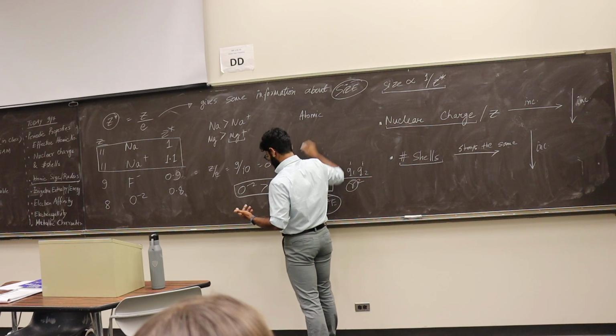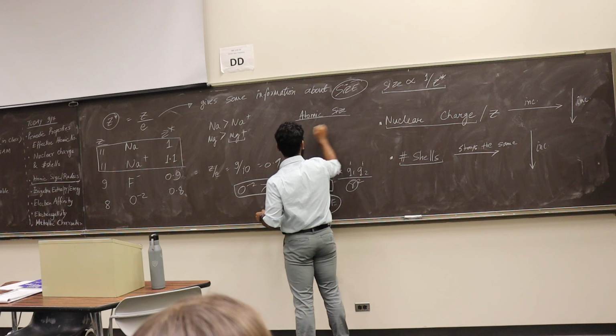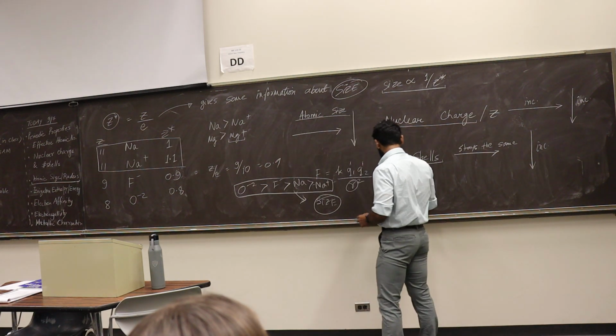What's happening to the atomic size when you're going from left to right and when you're coming from top to bottom?